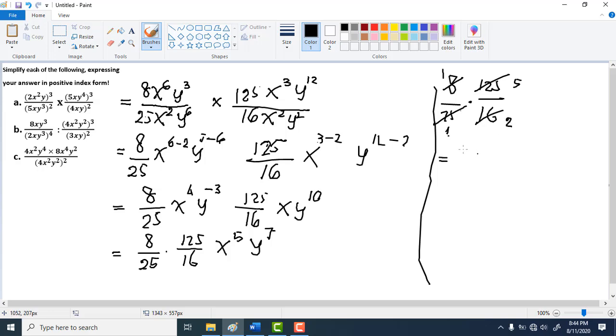So the simplified one is 5 over 2. So it becomes 5 over 2, x to the power of 5, y to the power of 7. This is the result for the first example.